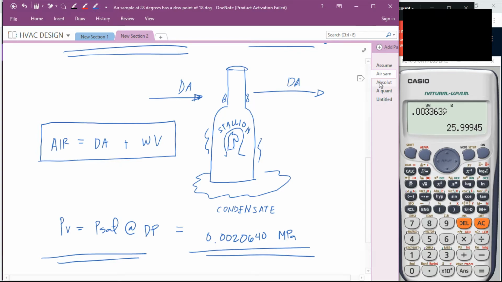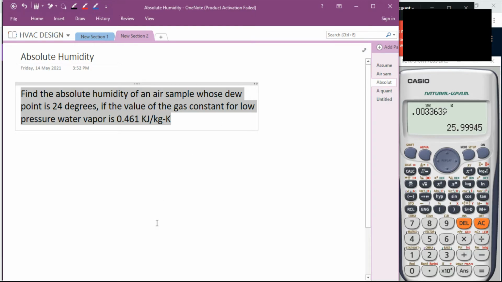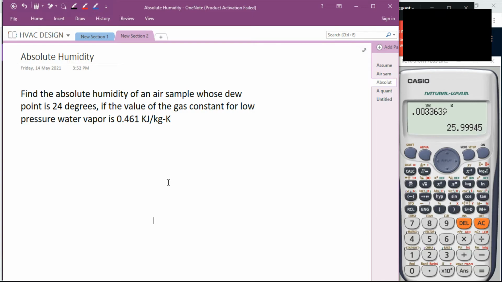How about number 3, sample number 3? This is absolute humidity. Okay? What is absolute humidity? Absolute humidity is simply defined as the mass of water vapor per unit volume of air. May napansin ba kayo? Mass over volume, di density yan. That is absolute humidity.